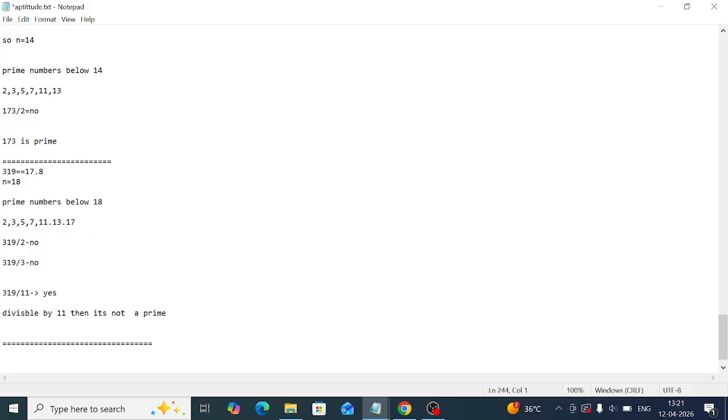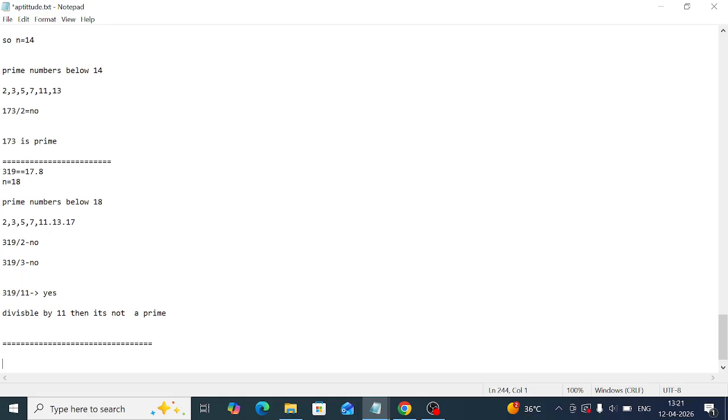Okay, next we will see the different things. I already explained so many things. Next I will tell you what is meant by... You already know these examples, right? a plus b whole square is equal to a square plus b square plus 2ab. a minus b whole square is a square plus b square minus 2ab. a plus b whole square plus a minus b whole square is equal to 2 into a square plus b square. a plus b whole square minus a minus b whole square is equal to 4ab.